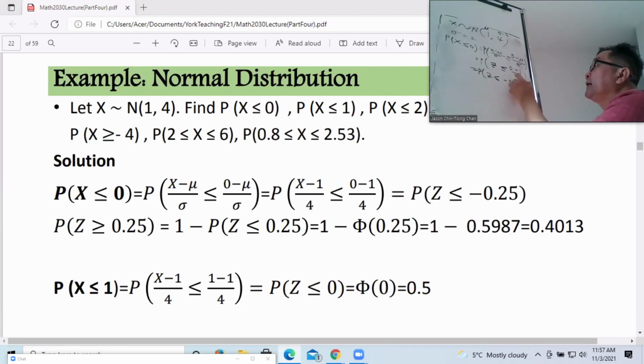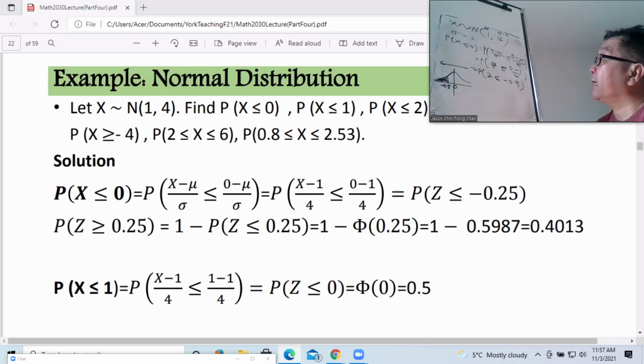Negative 0.5. Yes or no? Okay, now let's draw the pictures. If you can see it, it's fine. So z is less than, let me go to the left. Center 0, here is negative 0.5.